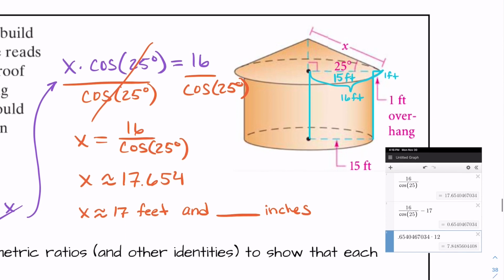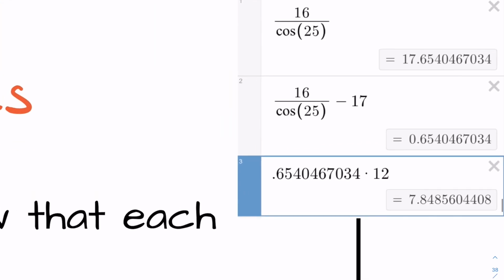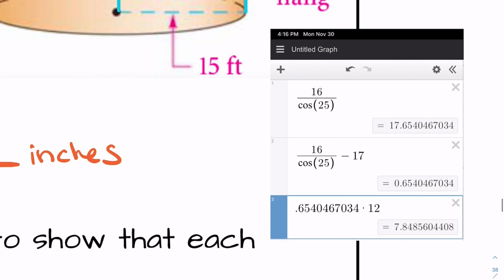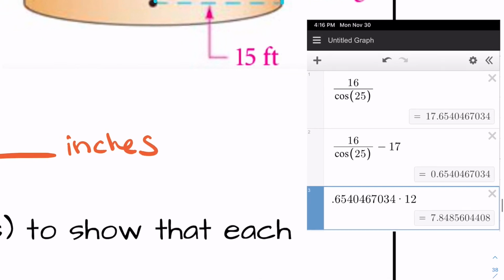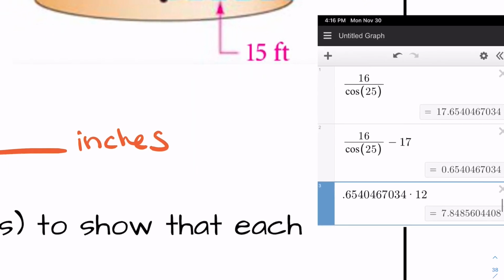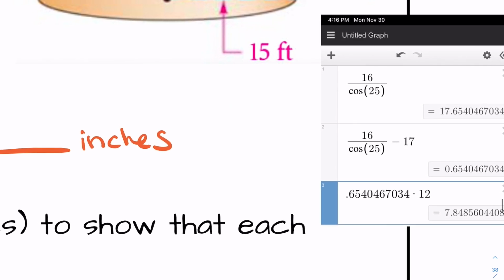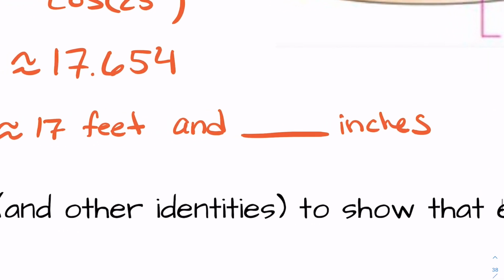Okay. And so how many inches is that? It looks like 65% of a foot is 7.84 inches. So what we can do is we can round 7.848 to 7.85 inches.